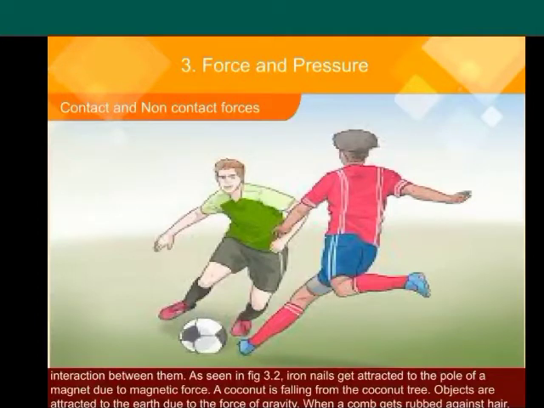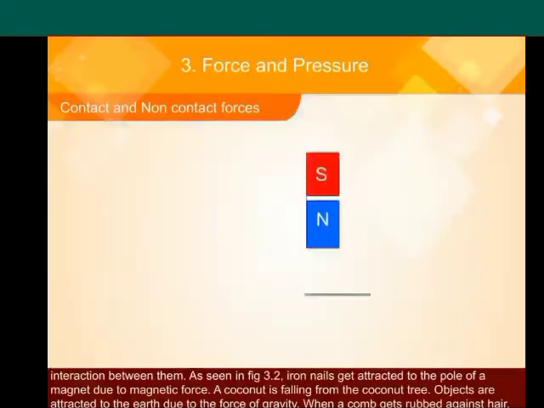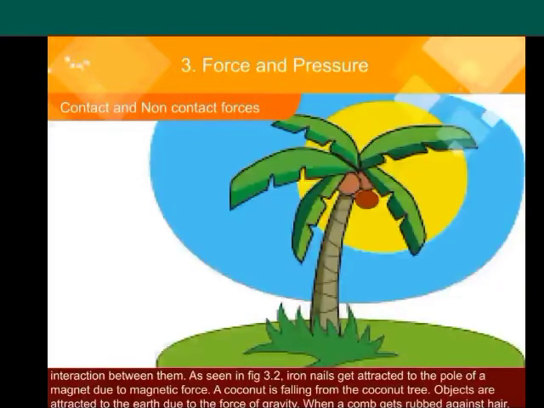As seen in figure 3.2, iron nails get attracted to the pole of a magnet due to magnetic force. A coconut is falling from the coconut tree. Objects are attracted to the earth due to the force of gravity.